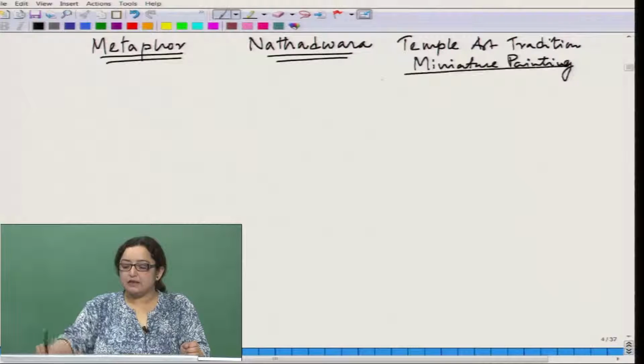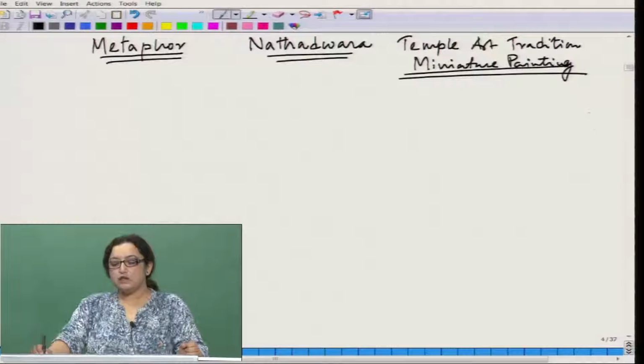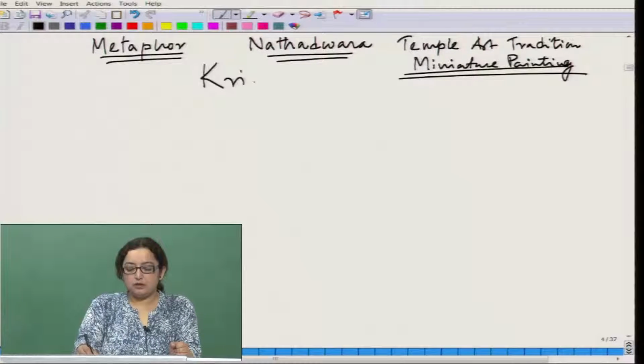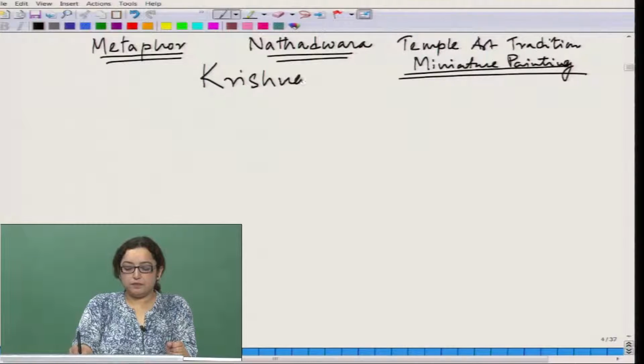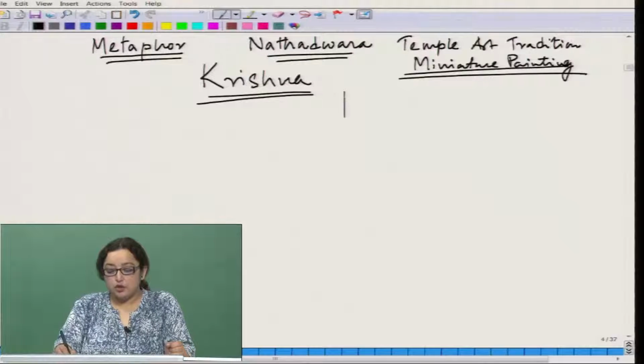The legacy is still being continued by the traditional artists of that place. So, in Nathadwara miniature painting, we see the character of Krishna in the narrative of a dance performance that is known as Rasa Leela.